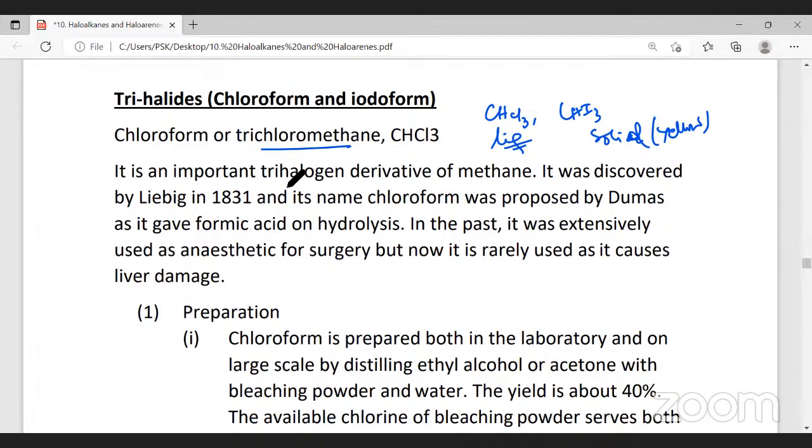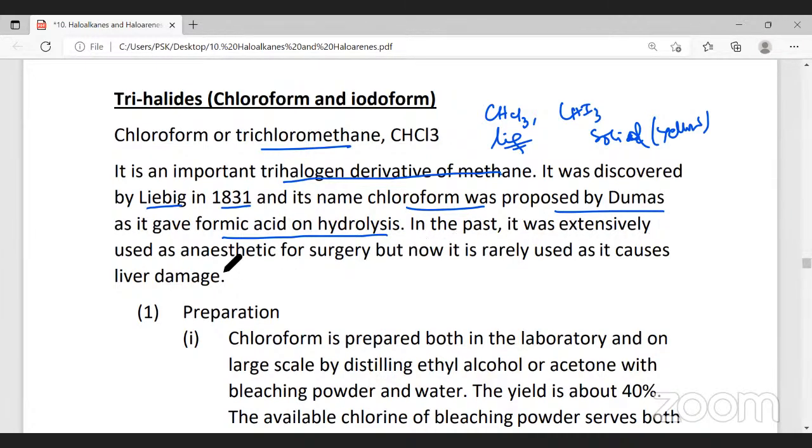It's an important trihalogen derivative of methane. It was discovered by Liebig in 1831, and the name chloroform was proposed by Dumas as it gives formic acid on hydrolysis. So chloroform on hydrolysis gives formic acid. Therefore, it was named chloroform by Dumas.